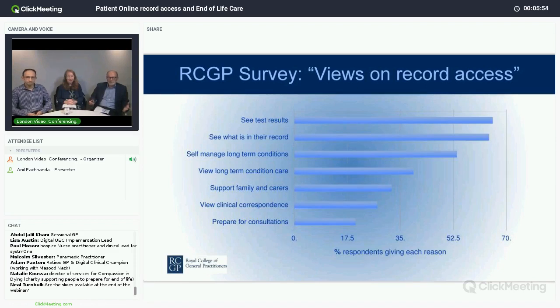You can see that it was felt that a good reason for recommending Patient Online record access was so people could see test results, could get to understand what's in their record, use that information to manage their conditions, and also a significant number, perhaps 30% of those who replied, said it actually supports family and carers.